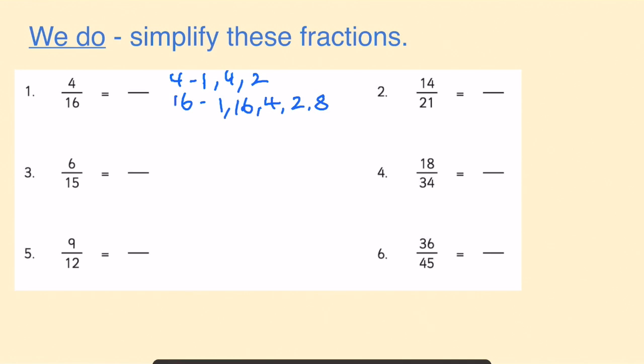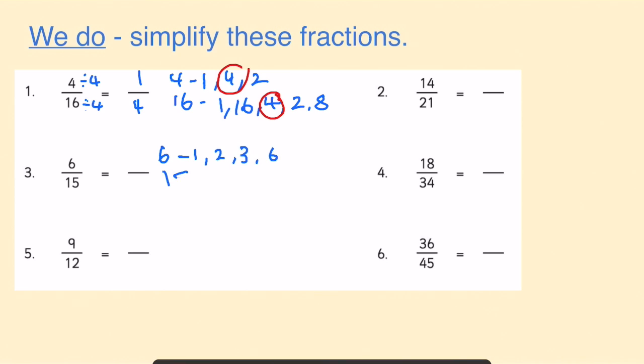The highest common factor that they share is 4. So I'm going to do 4 divided by 4, which is 1, and 16 divided by 4, which is 4. That represents a quarter.